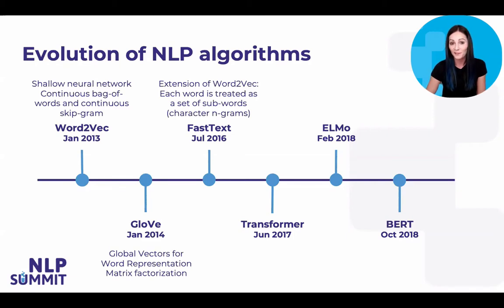Then in January 2014, GloVe got introduced, and GloVe changed the concept by introducing matrix factorization. In July 2016, fastText emerged, and this is an extension to Word2Vec, where each word is treated as a subset of words, character n-grams.